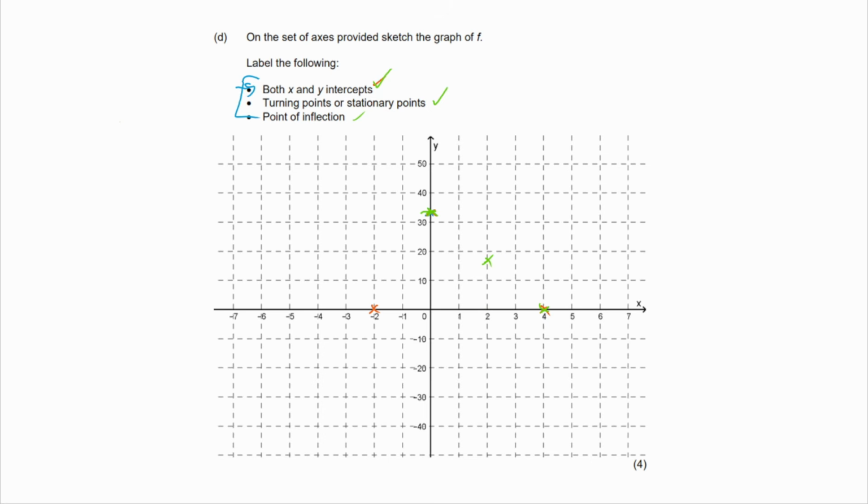So what we can do now is a rough sketch of our function. It'll look something like this. There's our point of inflection over there. My drawing is not perfect, but this is how it would look. Now remember, don't forget labeling. It's really important. This is the point minus 2, 0. This was the point 0, 32, which was also a turning point.